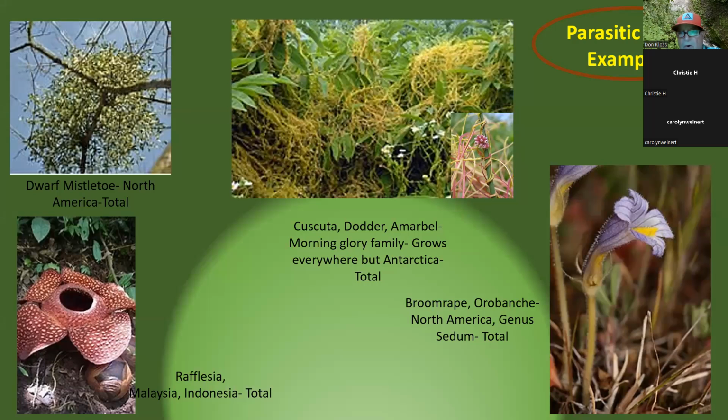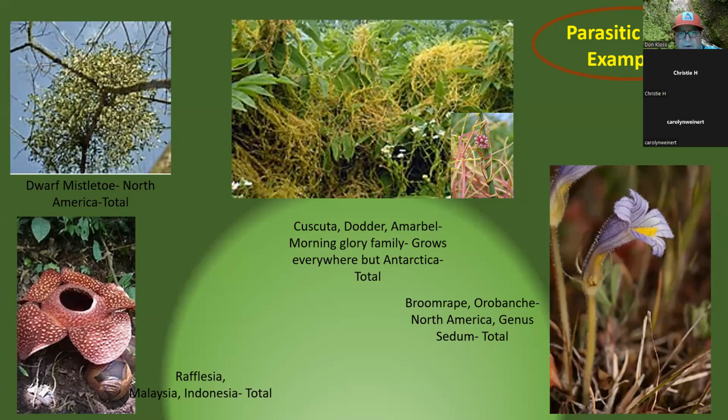Now, these are all examples of parasitic plants that are total parasites. And upper left there, that's dwarf mistletoe, which again is only in North America. That's a big bunch of it that has attached and spread and actually killed a branch on a cedar.